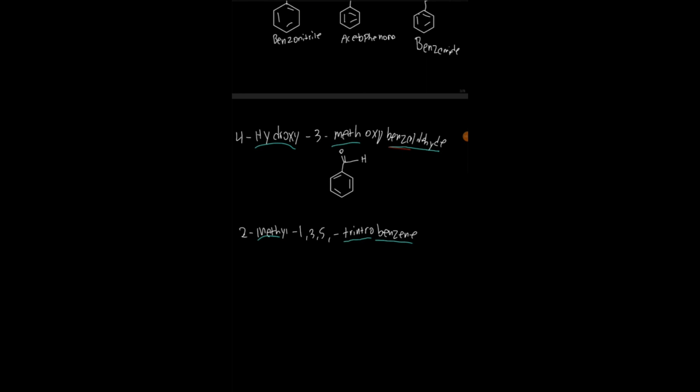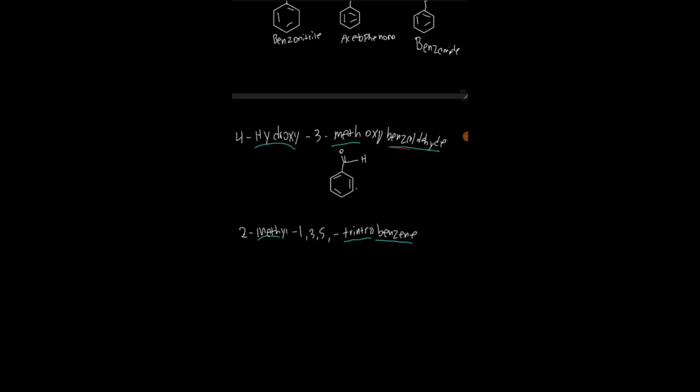Now, what direction should we go? Can we go this way, or should we go this way? Either direction is acceptable as long as you keep it consistent. So 1, 2, 3, methoxy.